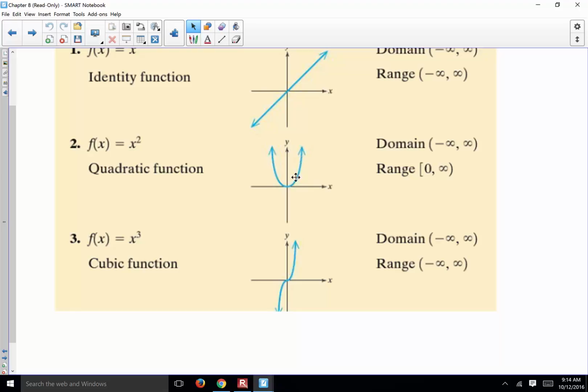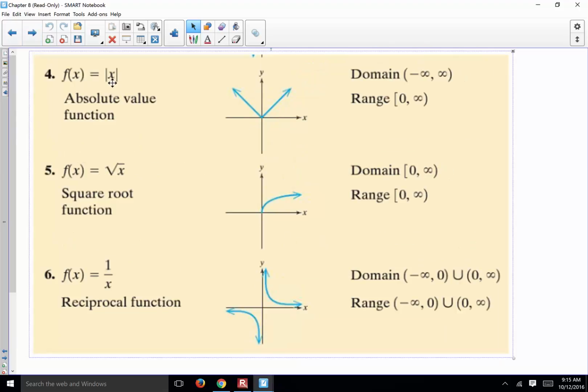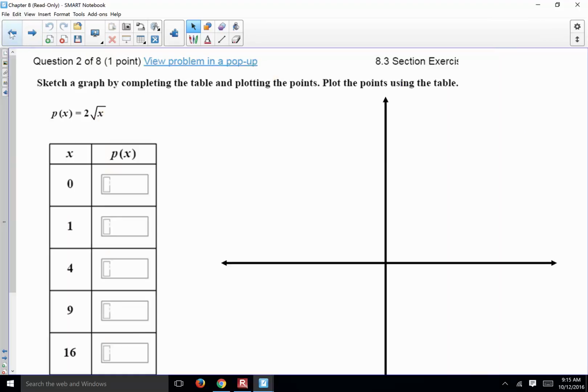Maybe you hear this more than quadratic function. Parabola is the name of the shape. Cubic function. Absolute value function, it's a V shape. Square root function and reciprocal function. We pictured the square root function yesterday, and today we are going to take a look at intercepts.